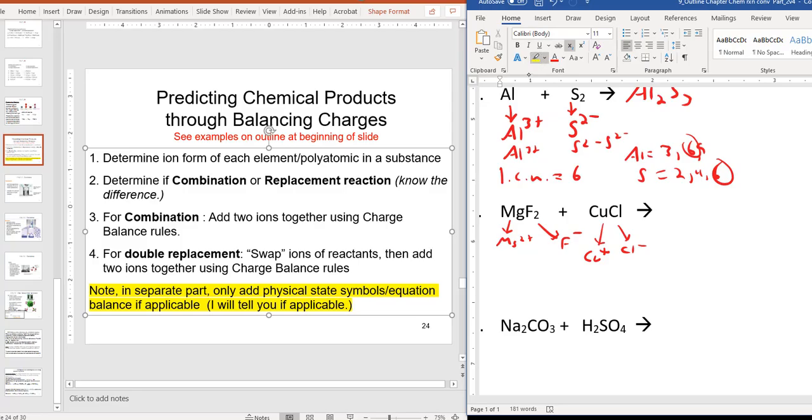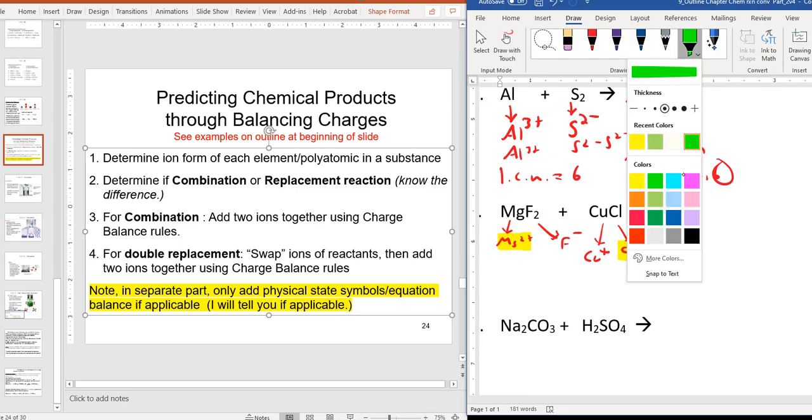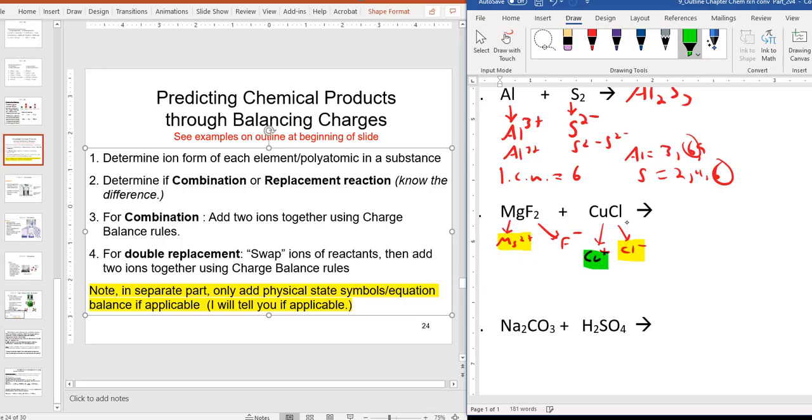So the positive goes with a negative. So this positive, magnesium 2 plus, is going to go with the negative chloride, and then the positive copper is going to go with the negative fluoride.